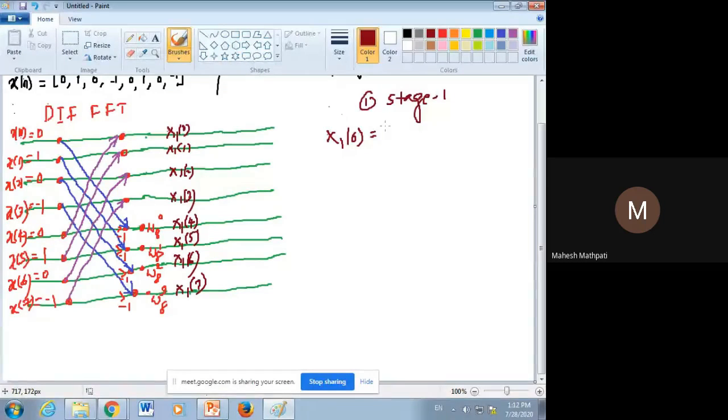What is the value of x1 of 0? x of 0 plus x of 0 plus 8 by 2. Next, x of 0 plus, after that what? x of 4.